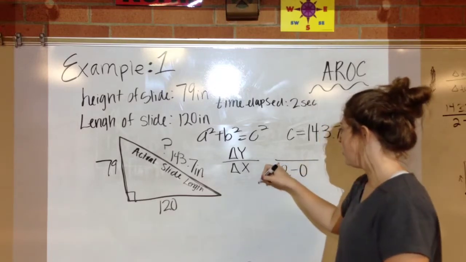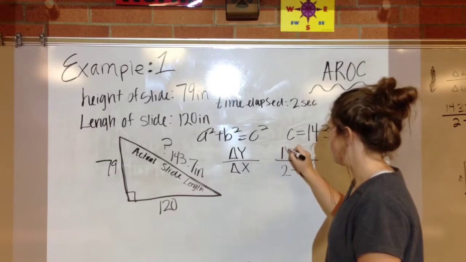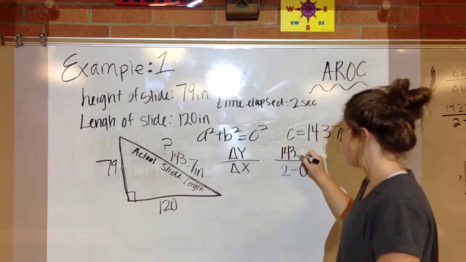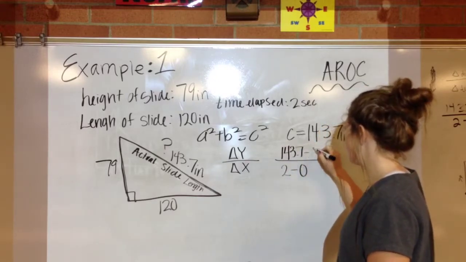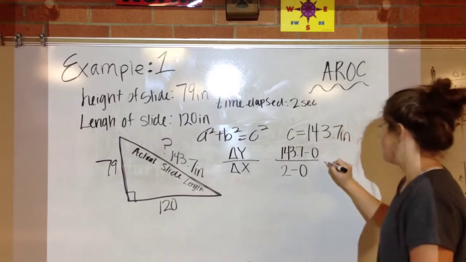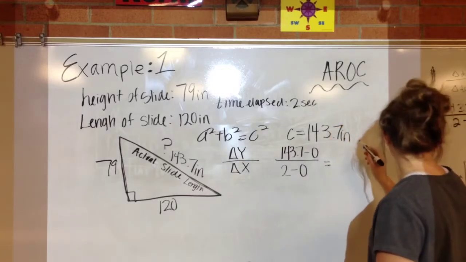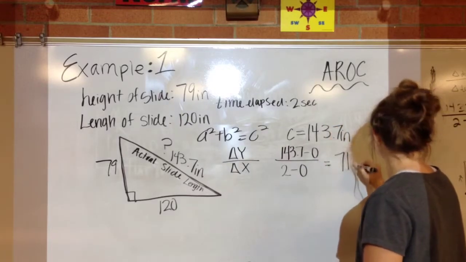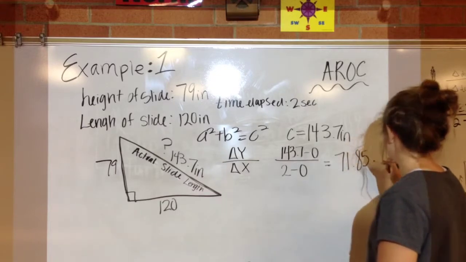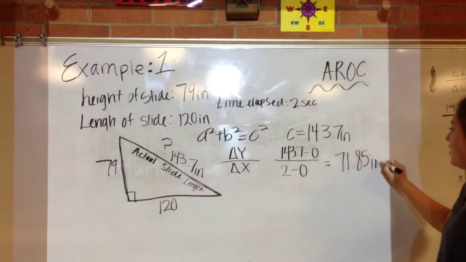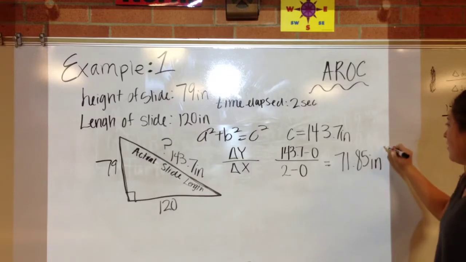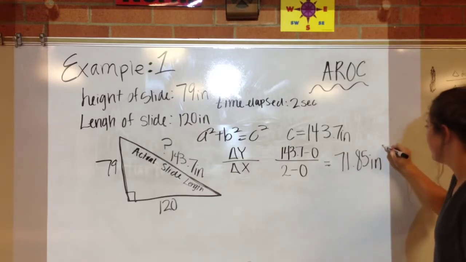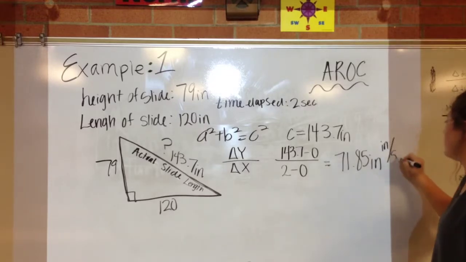For the first one, it'll be 143.7 minus 0. And that comes out to be 71.85 inches per second.